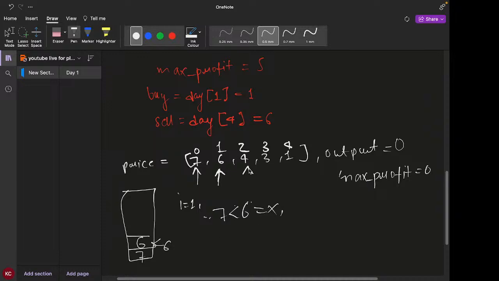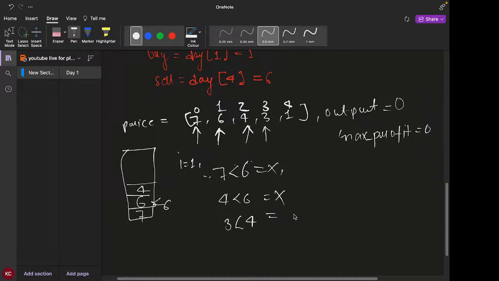Again I move to the next, 4. Is 4 less than the top of the stack? Yes, so update the stack to 4. Again I move to the 3. Is 3 less than the top of the stack, that is 4? Yes, so I update the stack to 3.